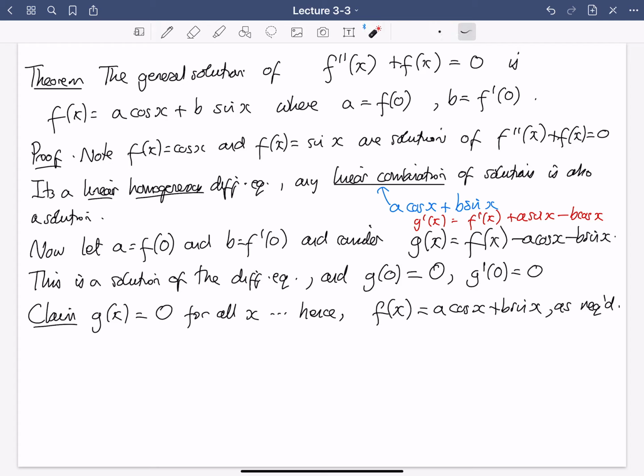So I'm trying to prove this, where a is f of 0 and b is f prime of 0. If I can show that g of x is 0, that exactly does my job. It shows that f of x is what I'm after.